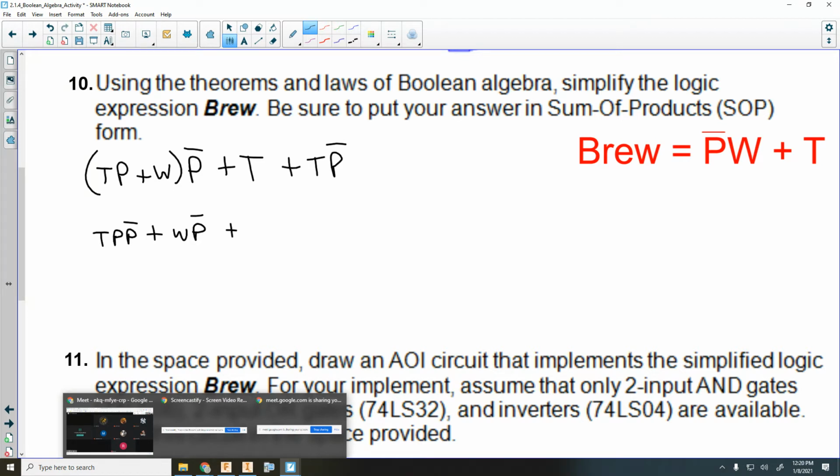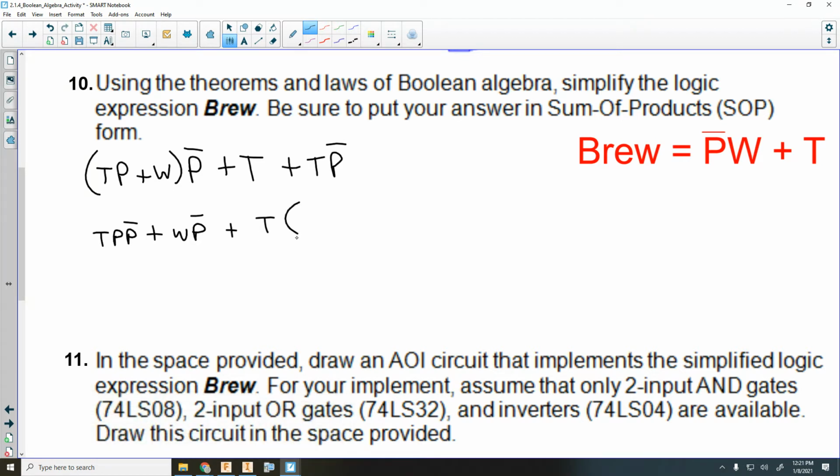A T. A T, so I can factor out a T. T and 1 is T, and T and P naught would be TP naught. And then what simplifies? T, P, P naught. What's P, P naught? 0. T, P naught is 0.